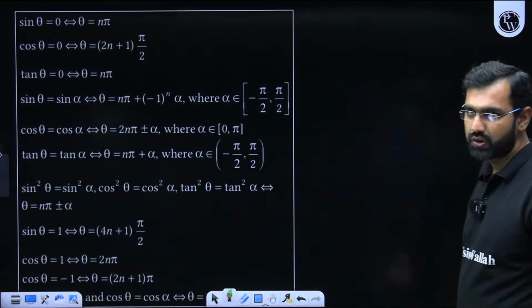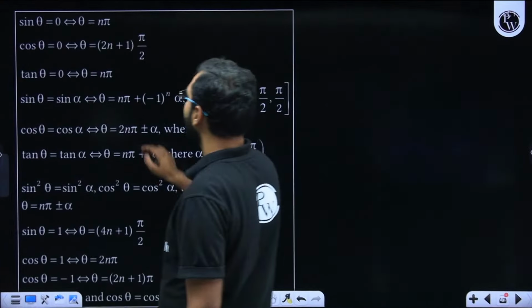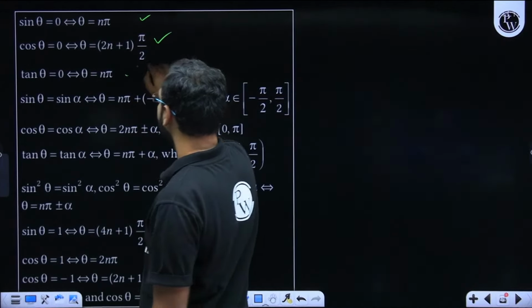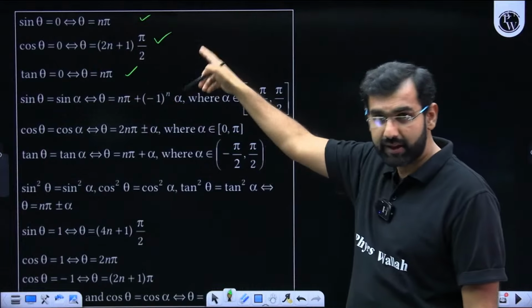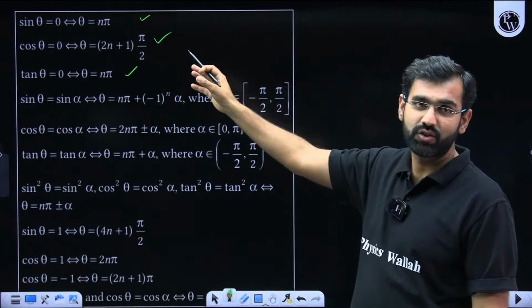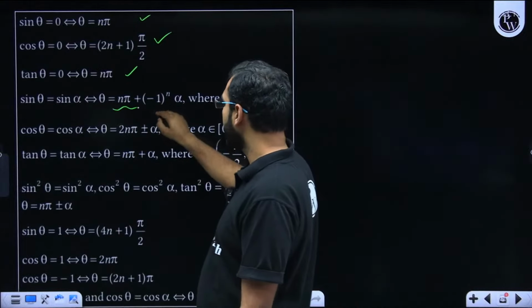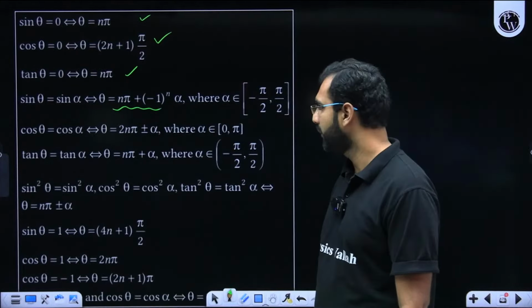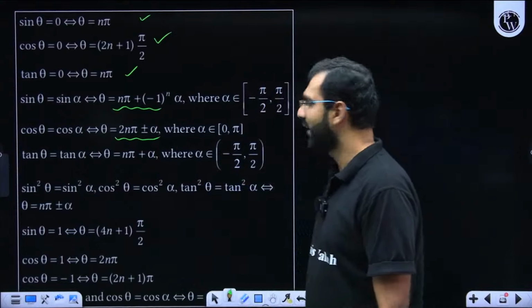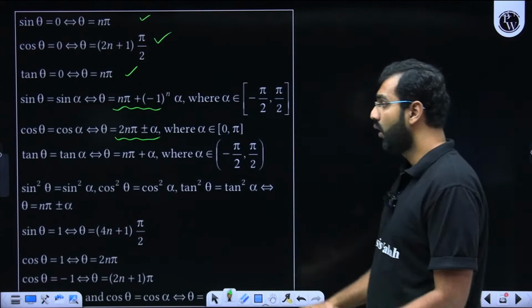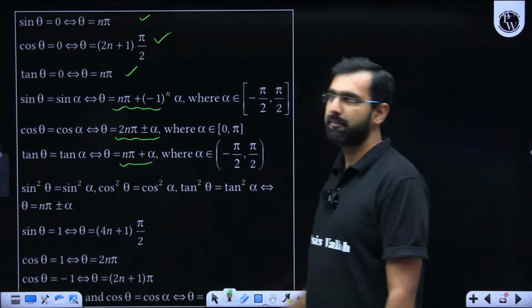From here, the general solutions we have discussed. When sine theta is 0, cos theta is 0, tan theta is 0, we have already told you that if you remember the graphs, you can derive these direct results very quickly. And yes, when sine theta is equal to sine alpha, it is n pi plus minus 1 to the power n times alpha. When cos theta is equal to cos alpha, theta is 2n pi plus minus alpha. When tan theta is equal to tan alpha, it is n pi plus alpha.